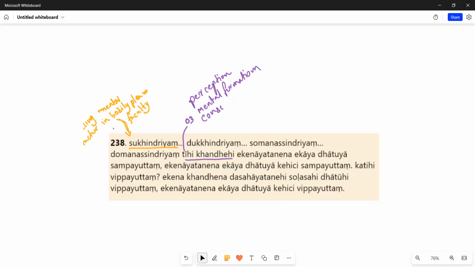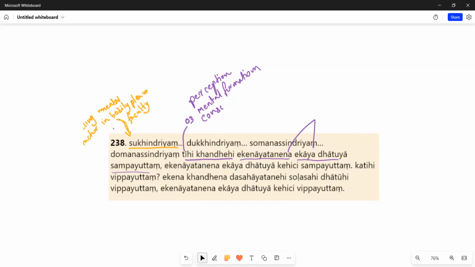So that's how you get the three aggregates here. Then it says the association for the bases and elements, ekena ayatanena ekaya dhatuya sampayutta, which means it's associated with one, it's not the same, right?